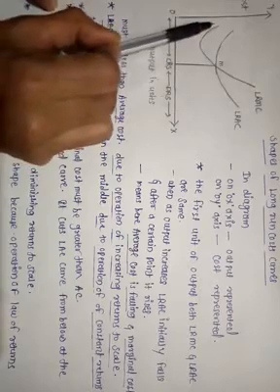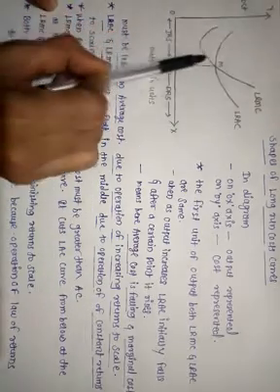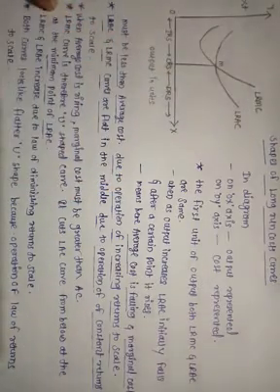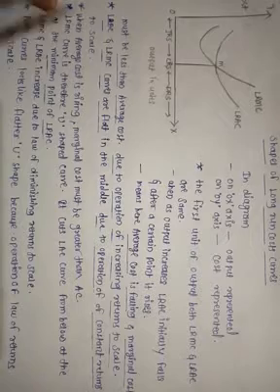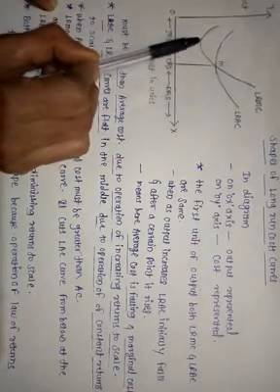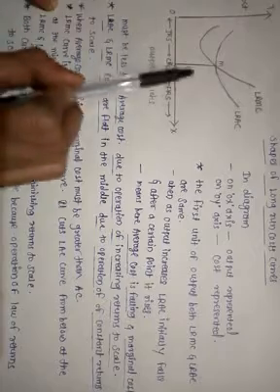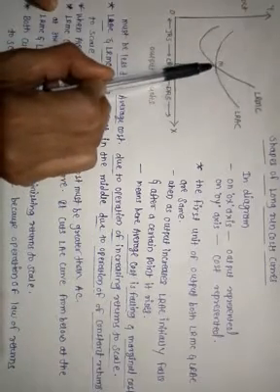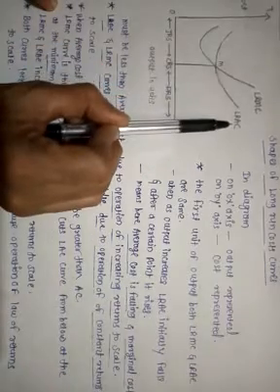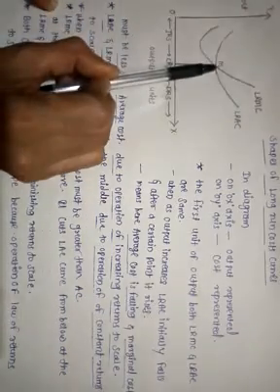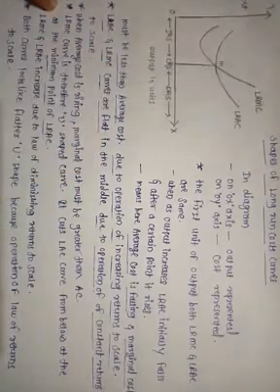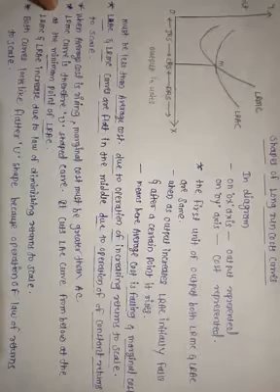See here, the marginal cost curve is U-shaped, and this curve cuts the long run average cost curve from below at the minimum point of the LRAC.